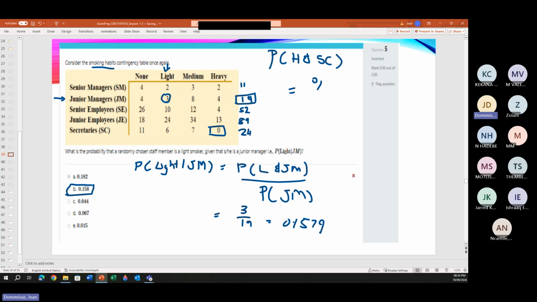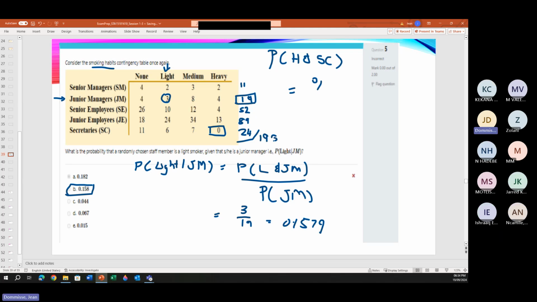So the total is 11 plus 19 plus 52 plus 89 plus 24, 195. So heavy smoker and secretary is 0 over 195.